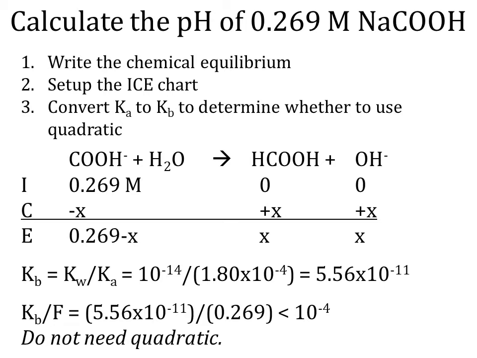Since Kb divided by F, the formal concentration of sodium formate, is less than 10 to the negative 4, we do not need the quadratic to solve because 0.269 minus x is approximately 0.269 since x will be sufficiently small.